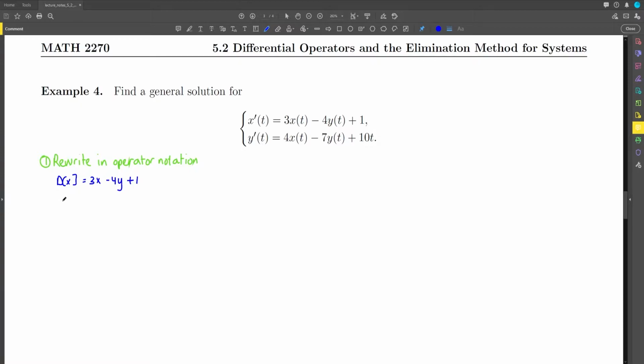And then the second one is D of y equals 4x minus 7y plus 10t.